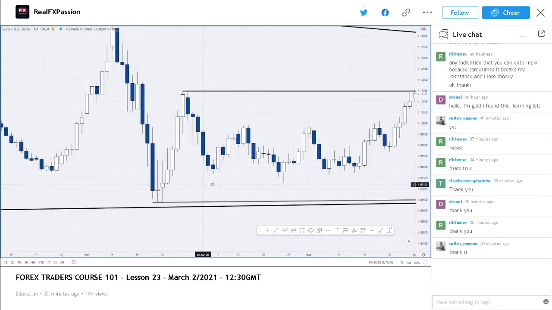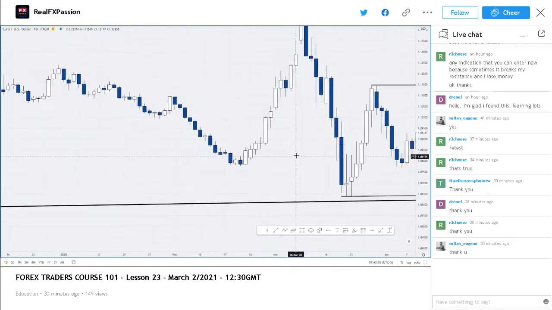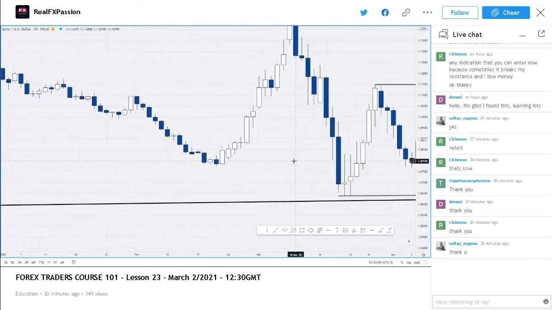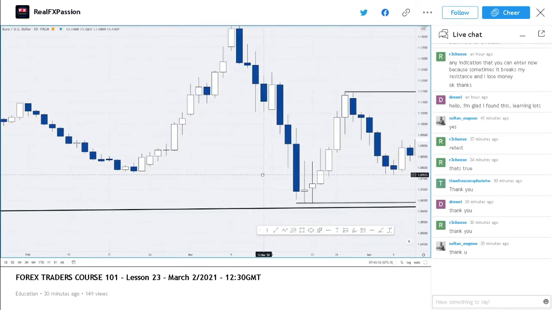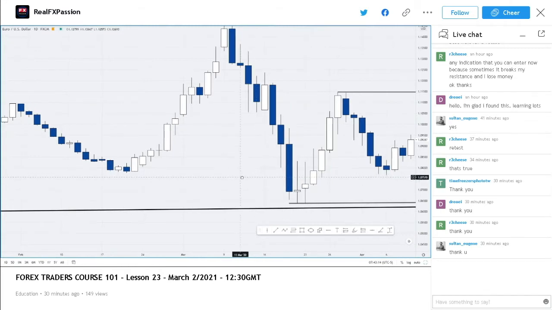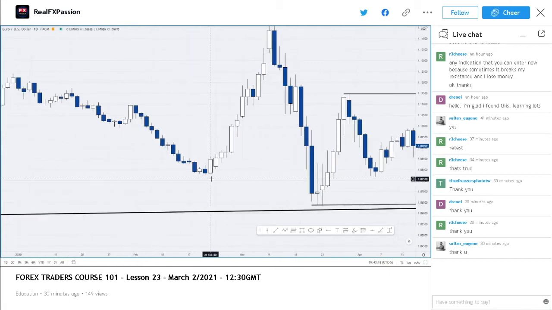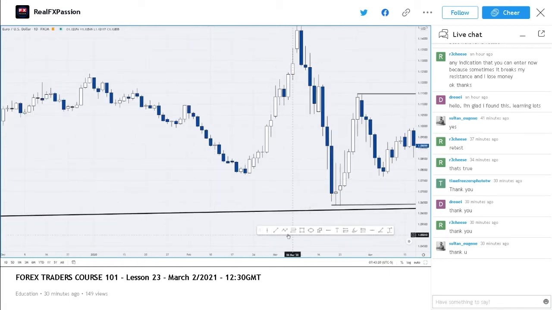And so when we trade, we don't see the future, right? The market was like this, and then started to move sideways. It didn't make a lower low.